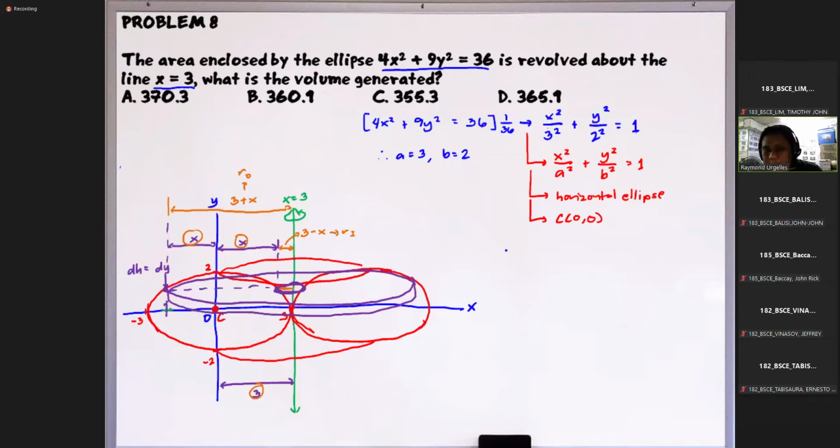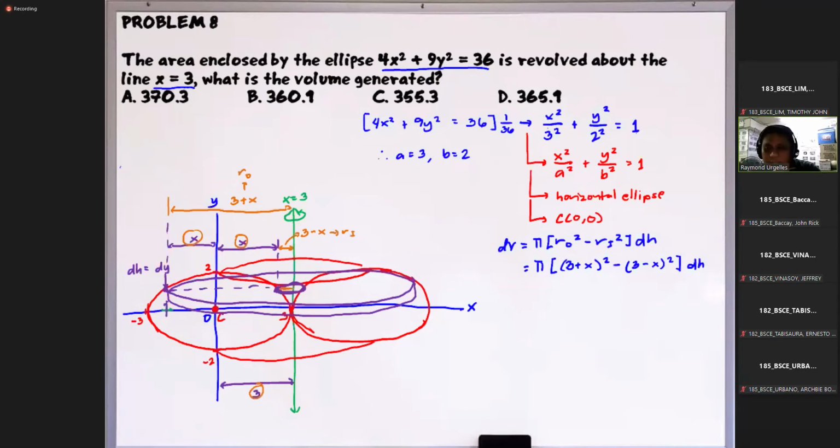So recall from yesterday, dV for the washer method is given by pi multiplied by outside radius squared minus inside radius squared multiplied by dh. Substituting, this will be pi multiplied by (3 plus x) squared minus (3 minus x) squared, then dh.